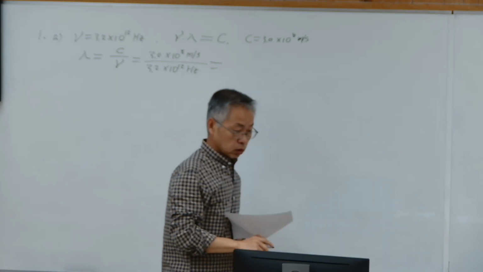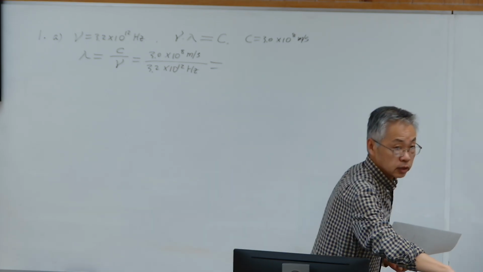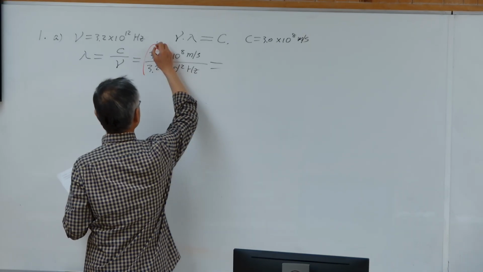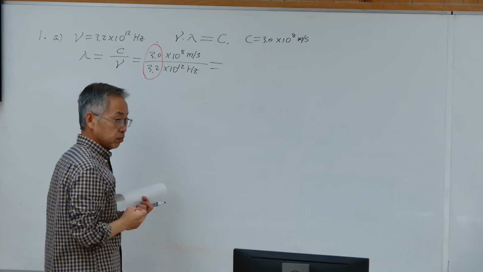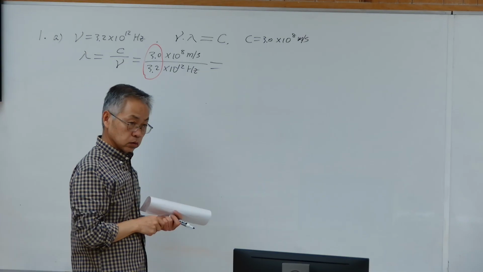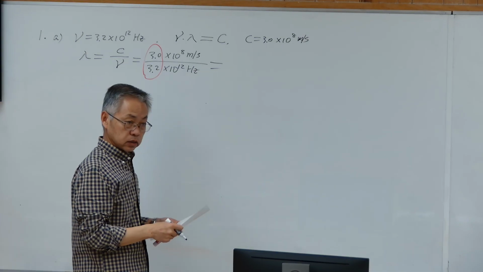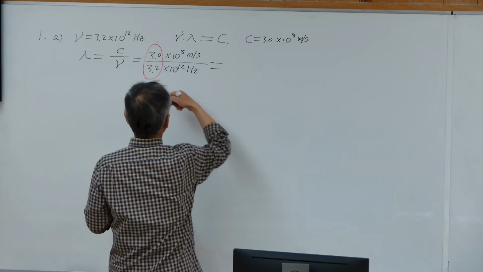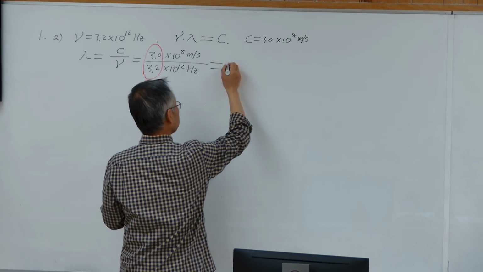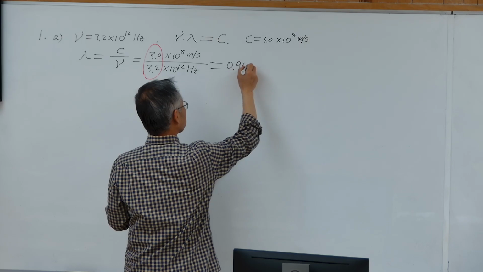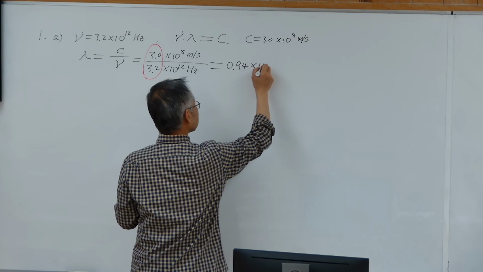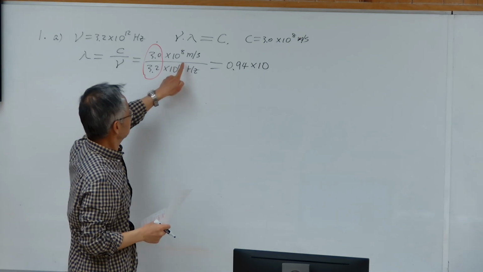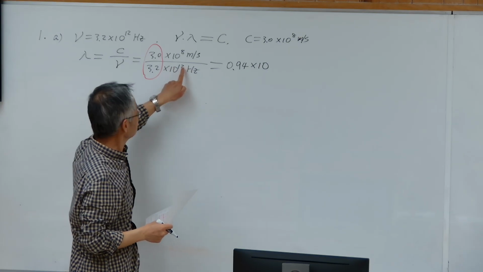Use your calculator just for the regular numbers, as I've told everybody many times. Don't put the exponent in the calculator, this makes trouble. So 3 divided by 3.2 is 0.94. Exponents are very easy: division, exponent, subtract. So 8 minus 12.